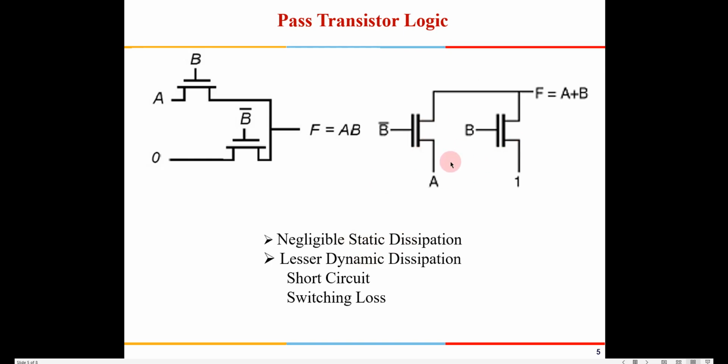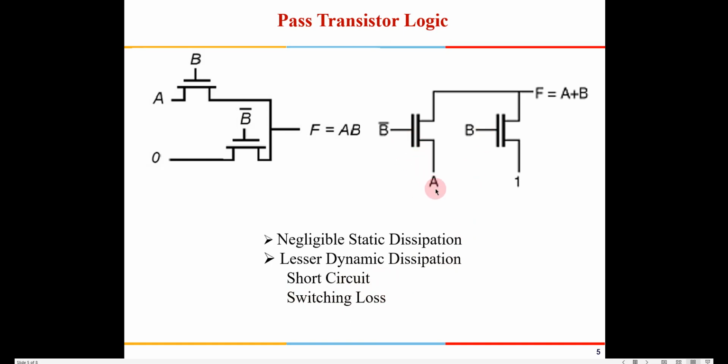Here that is not the case, so there will be much lesser dynamic consumption and short circuit switching loss. These losses are not there in the pass transistor circuits, as they only pass the logic levels. The circuits are pretty simple, so the total net capacitance is less, and hence the switching losses are less.